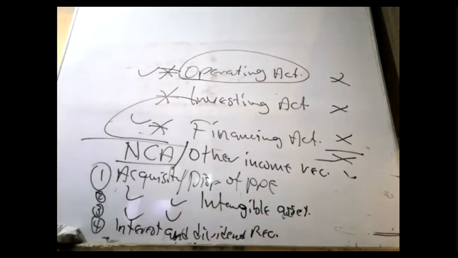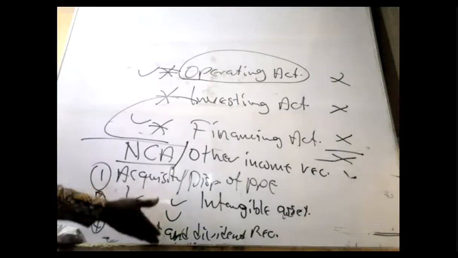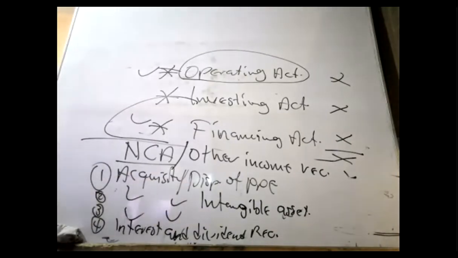That is all. You see interest and dividend received, they are what? Investing. Except if you have registered your business to be receiving and paying interest. That one, interest and dividend becomes your operating activity, like quick angels. Quick angels, they will add this to your operating activities.